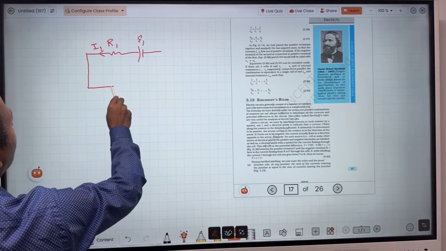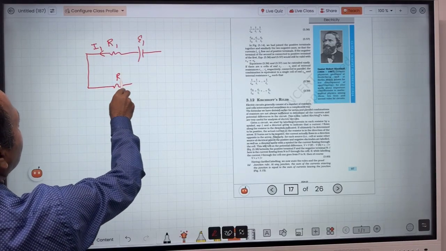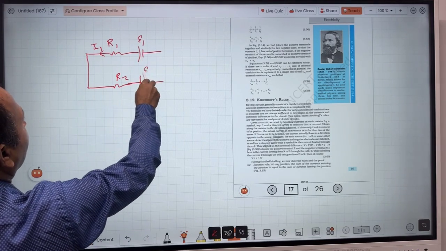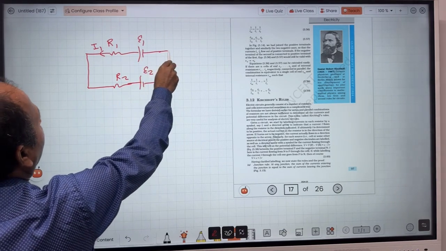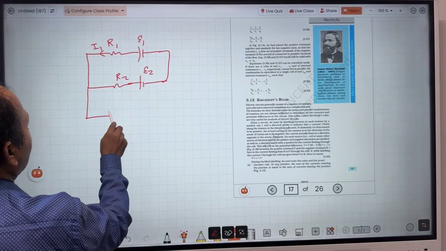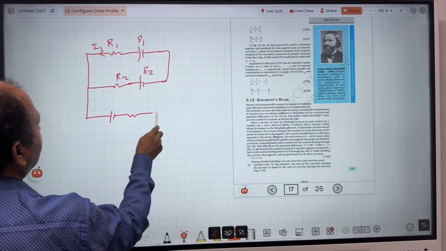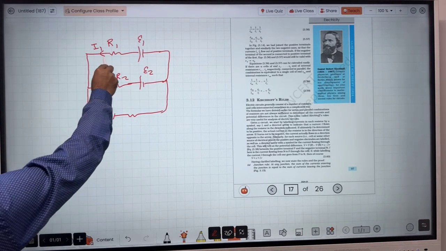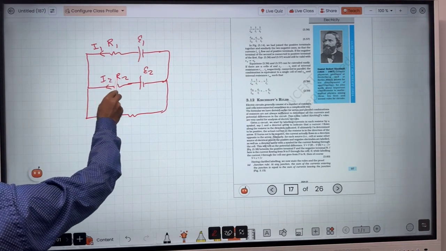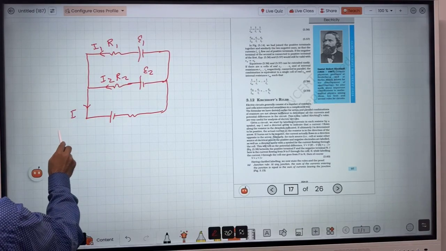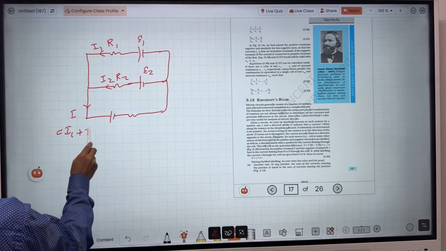There is another cell, another resistance here, say this is R2, and here again there is another cell E2, and then there is another cell here with a resistance. Now suppose this is I1, this is I2, and then the two currents will flow in this, say this is I. So here I will be I1 plus I2.